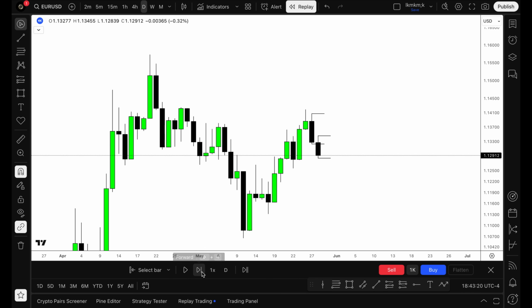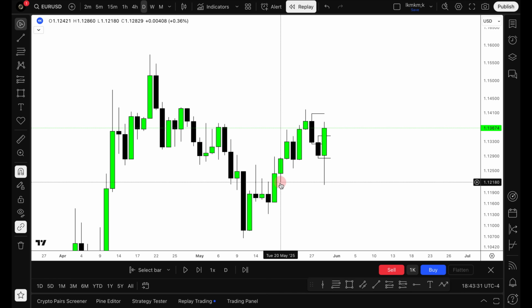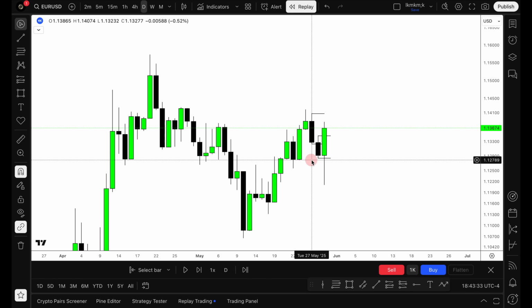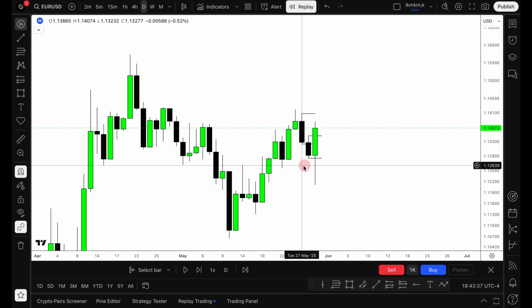Would expect the low, because the close closed very close to the low. We did get a very long wick here, which violated this low, and this low. In hindsight, it looks good, but in real time, I would have only really targeted this low and this low, because this close is in close proximity to this low as well.